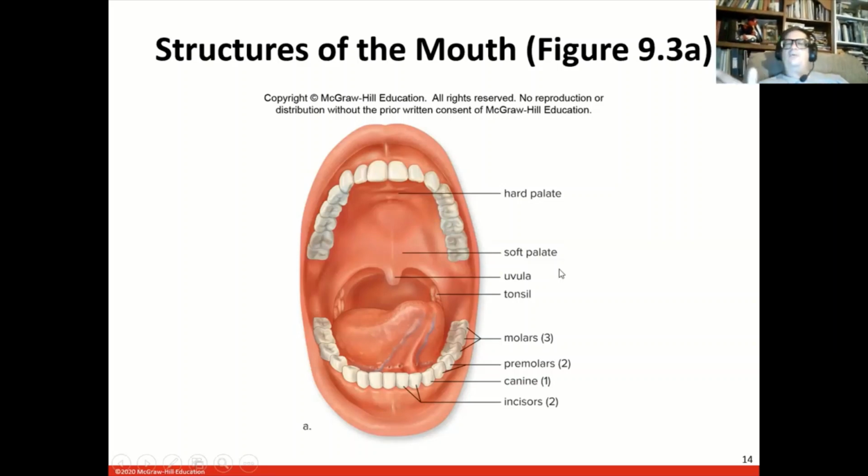And I know some of you are going to be counting like, that's not right, I only have two molars. And you're right, because they pulled your wisdom teeth. But that would be the natural condition, 2, 1, 2, 3.